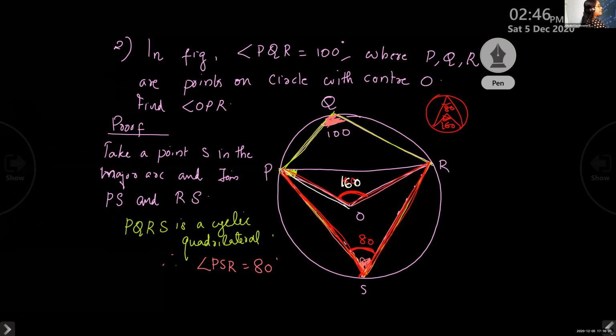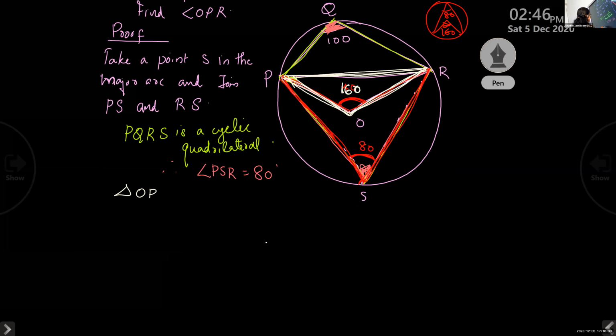Now look at this triangle which I am drawing now. Triangle OPR. What type of triangle is it? What can you tell about OP and OR? Ma'am, isosceles, because OP and OR are the radii.